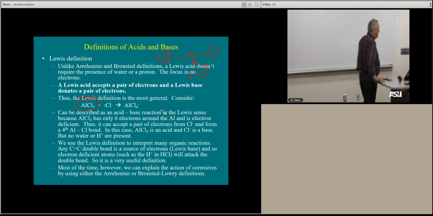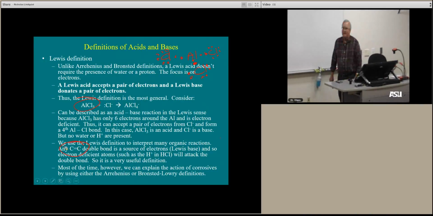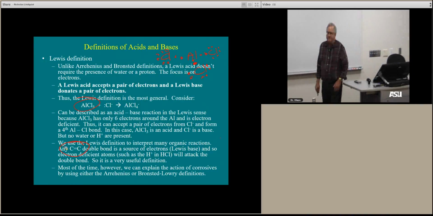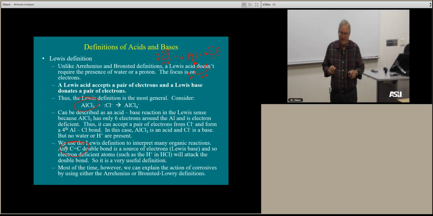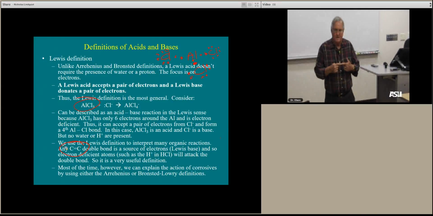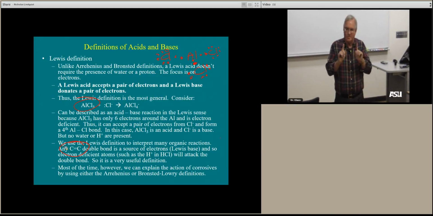Another thing that happens a lot is that we have carbon-carbon double bonds in organic chemistry. So remember that a double bond in organic is composed of the sigma bond and then the pi bond by overlap of 2 electrons on each carbon atom that are in p orbitals, that pi bond. And that's a weaker bond.